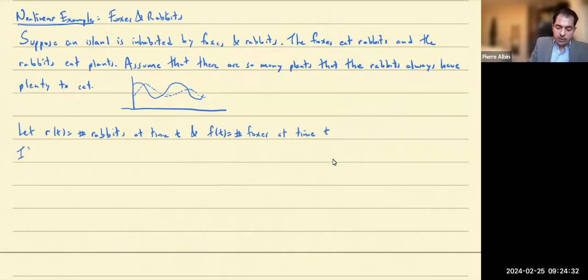If there were no foxes, we might expect that the change in the rabbit population would just be proportional to the number of rabbits at a given time, so some constant of proportionality.